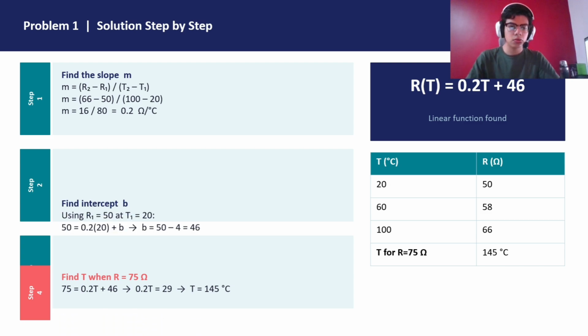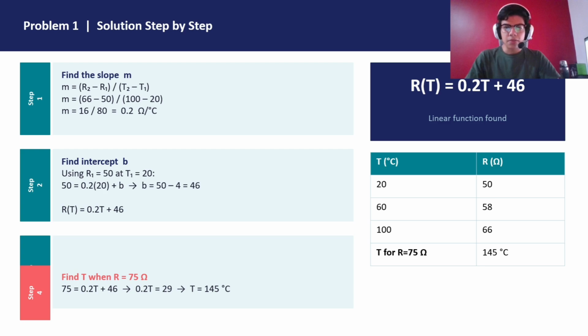For step 2, find intercept b using R1 equals 15 at T1 equals 20. 15 equals 0.5 times 20 plus b, so b equals 15 minus 10 equals 5. So R of T equals 0.5T plus 5.